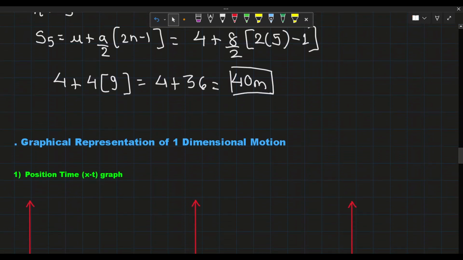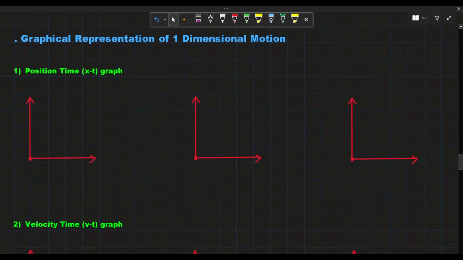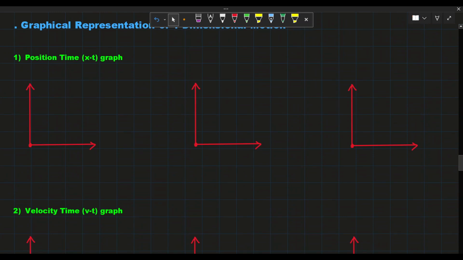Okay, let's move on to some graphical representation of one-dimensional motion. We'll start with your position time graph, where your time would be on your x-axis and displacement would be on your y-axis.